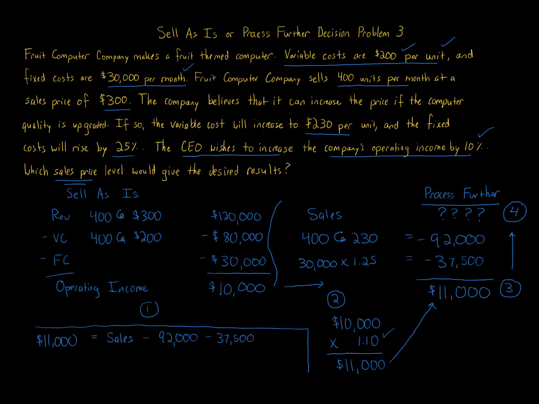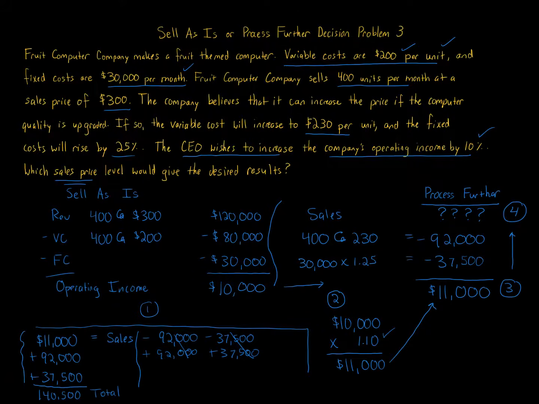Using simple algebra, we add 92,000 to both sides and add 37,500 to both sides, onto 11,000. Sales will equal $140,500. That's our total sales. So step 4 is to get the sales.